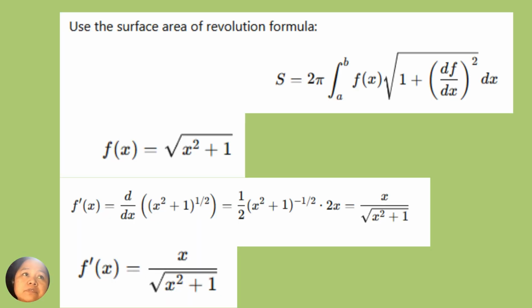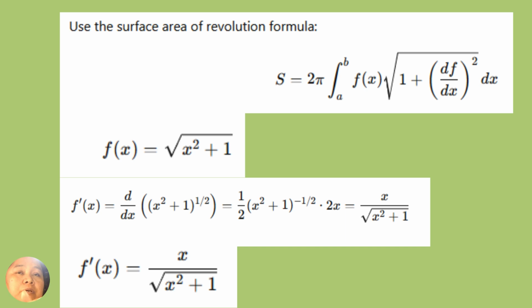In our surface area formula, aside from f of x, or the radius, we also need to find the derivative of our function, df over dx, squared. So we have to find the derivative of our function of x. The function of x equals d over dx of x squared plus 1 raised to 1 half.